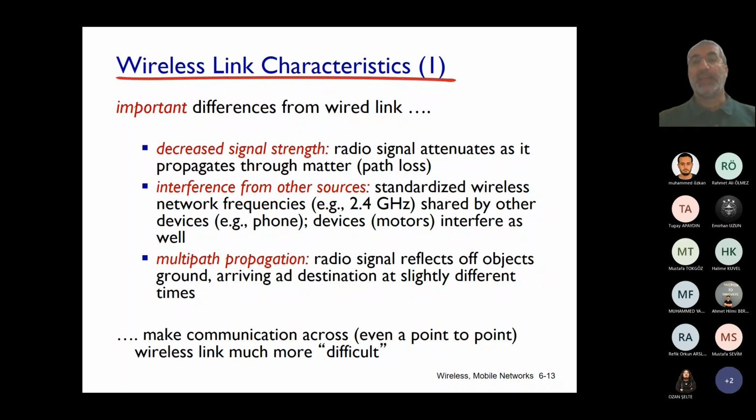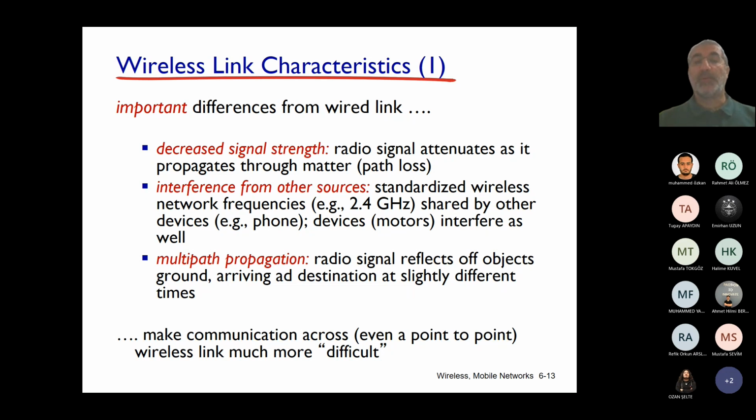The radio signal attenuates as it propagates through objects, and such a decrease is called path loss. We lose strength as we move from the transmitter to the receiver. Such a loss is called path loss.